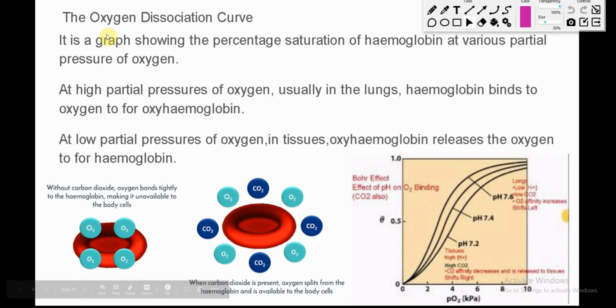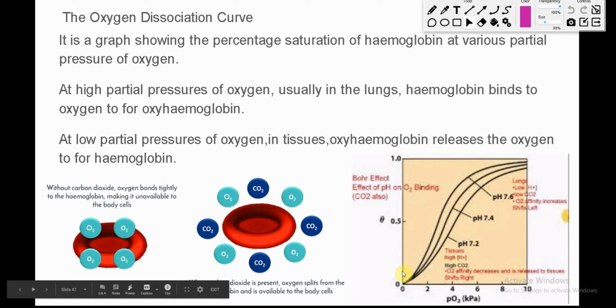With the Bohr effect, we can explain the oxygen dissociation curve. It is a graph showing the percentage saturation of hemoglobin at various partial pressures of oxygen. So this is the oxygen dissociation graph, and here we plot the percentage saturation of hemoglobin with oxygen.